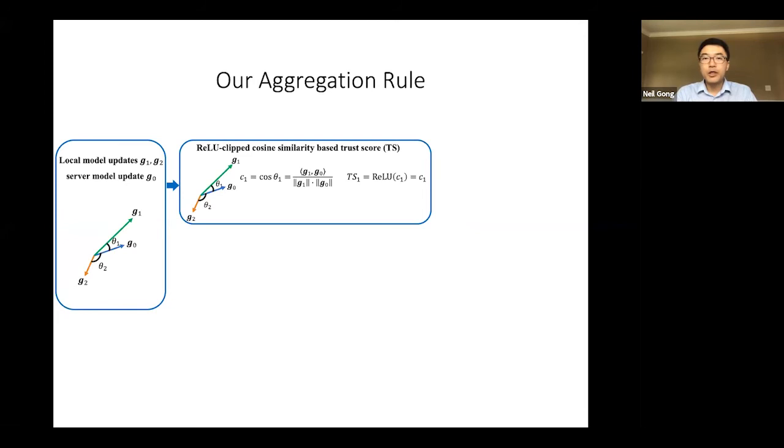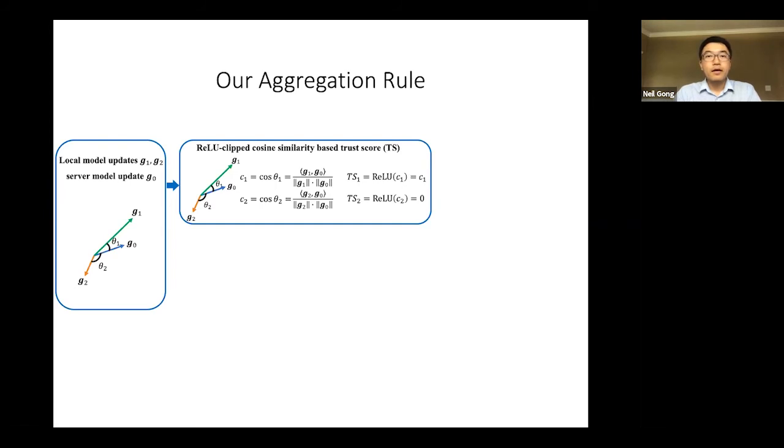Then we use ReLU to clip C1 as client 1's trust score TS1. Since the cosine similarity C1 is positive, the trust score TS1 is basically C1. For client 2, we first compute the cosine similarity C2 between G2 and G0. Then we use ReLU to clip C2 to get client 2's trust score TS2. Since the cosine similarity C2 is negative, the trust score TS2 becomes 0.